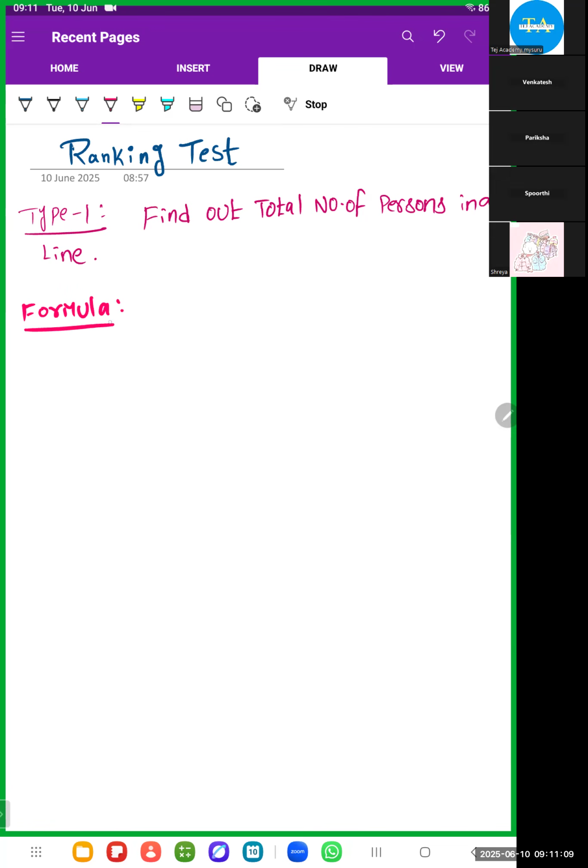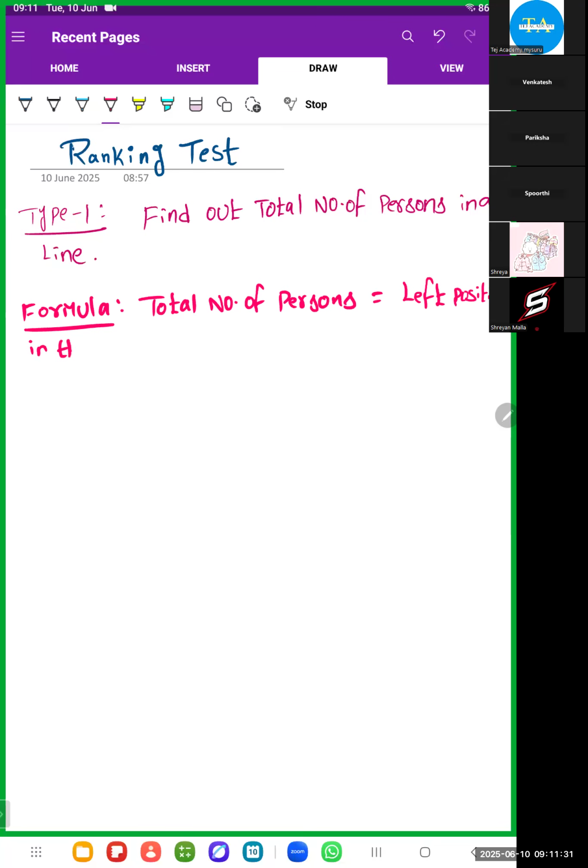The formula is the total number of persons is equal to left position in the line plus right position in the line minus 1.